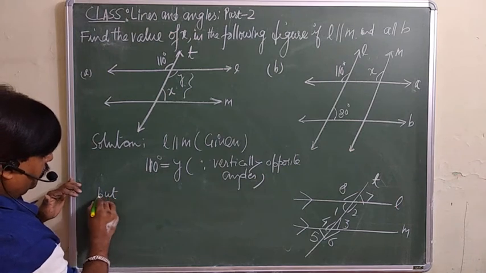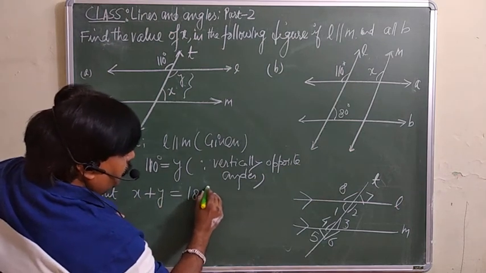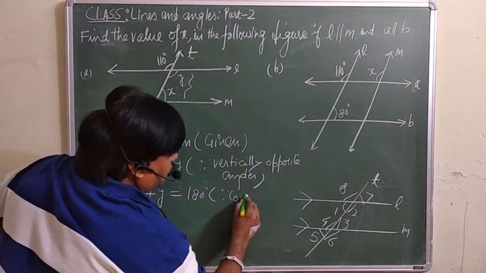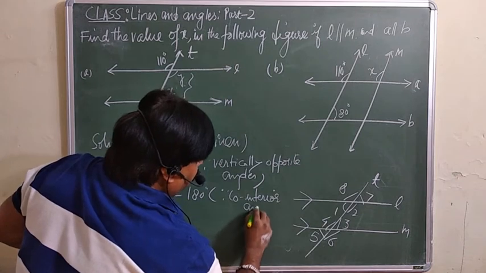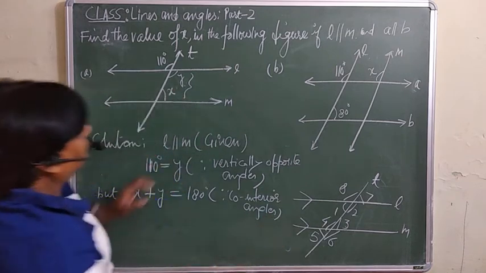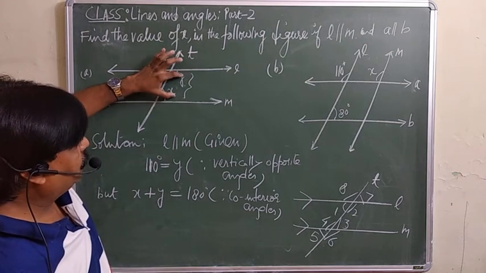Angle x plus y is equal to 180, by the reason that they are co-interior angles, meaning same side of the transversal within the parallel lines, the interior angles.